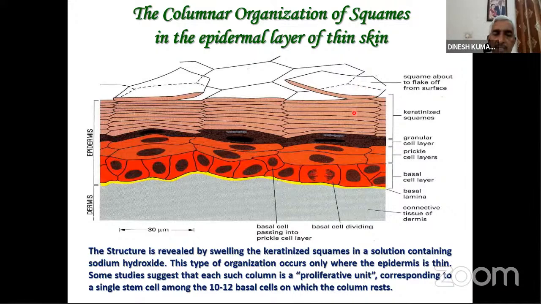So here at the base, in the dermis, there is a basal lamina, and above the basal lamina is the stem cell which is going to divide, and after division, that cell moves toward the prickle cell layer, and thereafter the granular cell layer, where granules are formed, and then the keratinized squamous layer becomes keratinized, and here the squamous cells flake out from the surface.